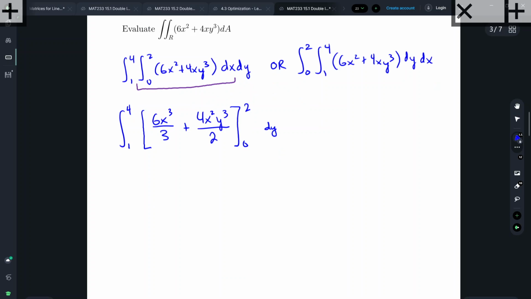Okay, so now we have to evaluate this. Again, this part stays the same. I plug in the top number first, in for x, because we're still working with the variable x. So the 2 goes in for x.